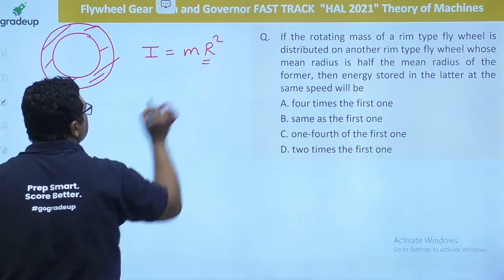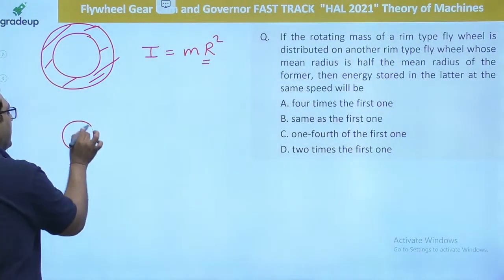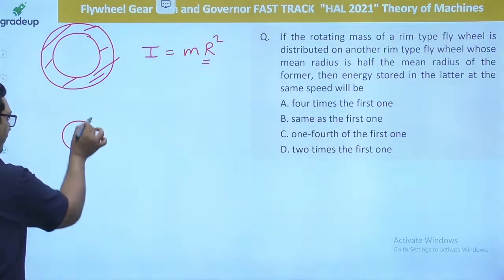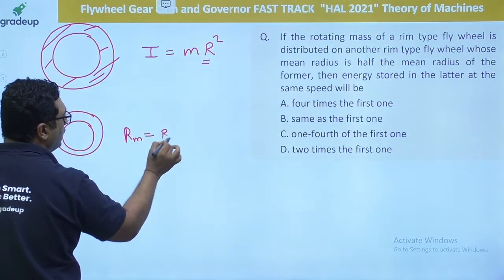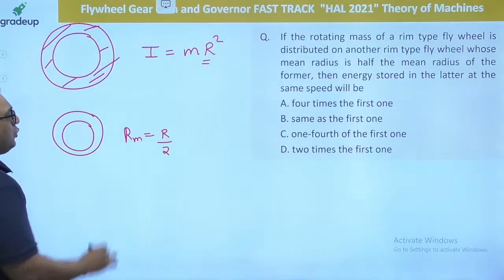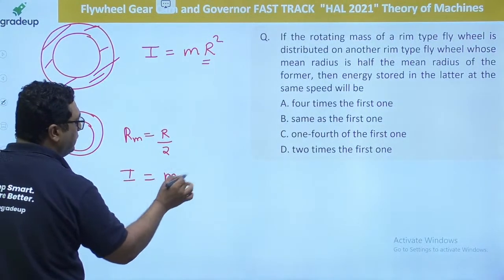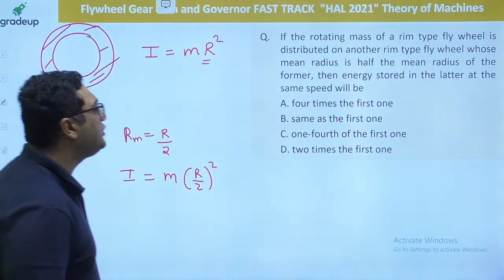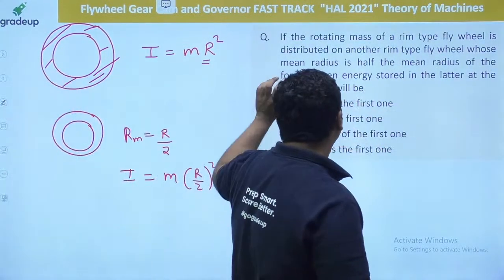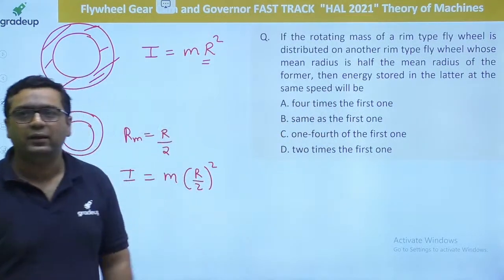If its mean radius is r, for the other rim type flywheel, its mean radius is going to be r by 2. So if it is r by 2, I is going to be m times (r by 2) whole square. Now he is saying that the energy stored in the latter at the same speed will be.